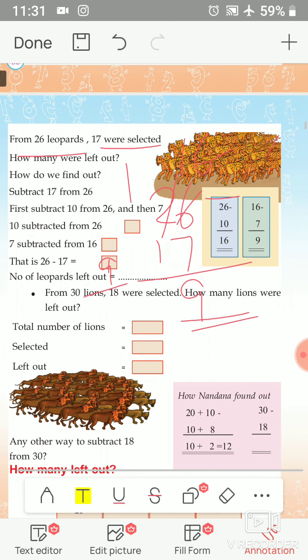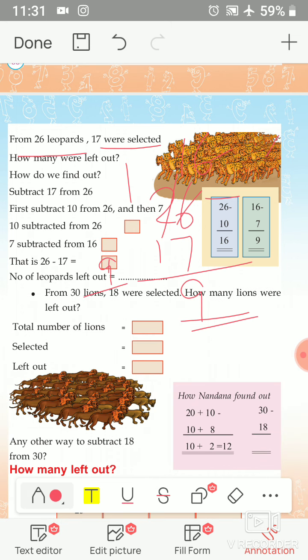Then the next topic is: from 30 lions, 18 were selected. Total how many lions are there? 30 lions. And how many are selected? 18 lions are selected. Then how many lions were left out? That means how many lions are remaining there?